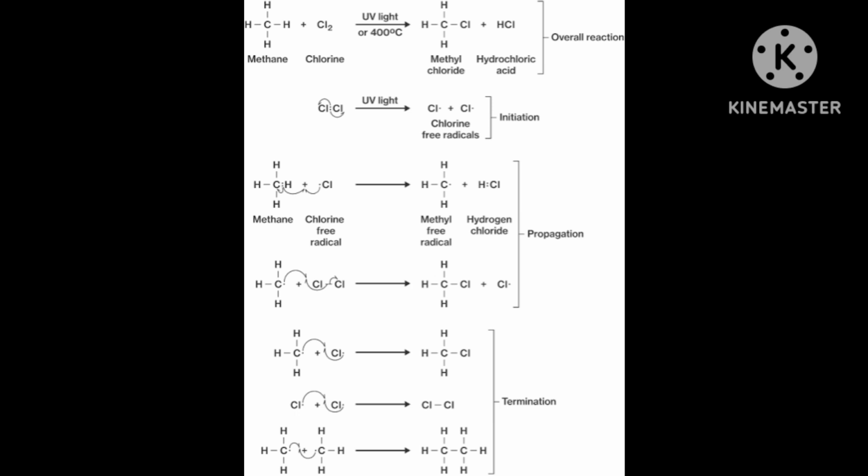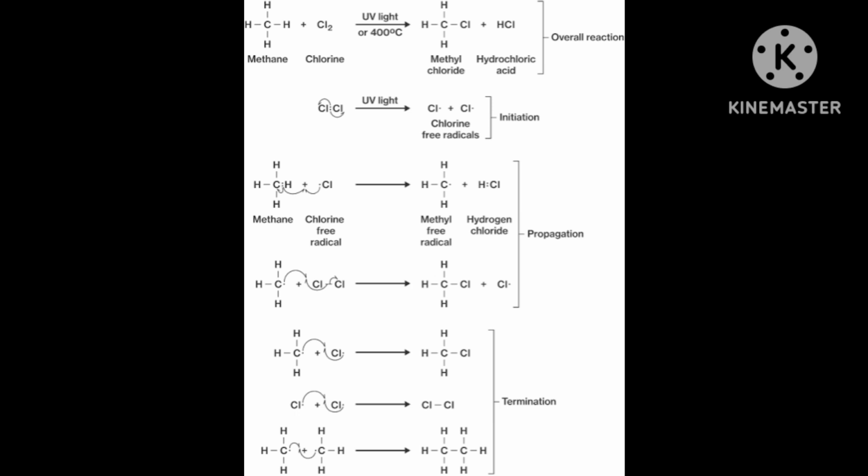Here you should understand, as for example Cl2 is there. When it breaks, what will be the charge? It is not a radical this time. One Cl will be positive and the other Cl will be negative.